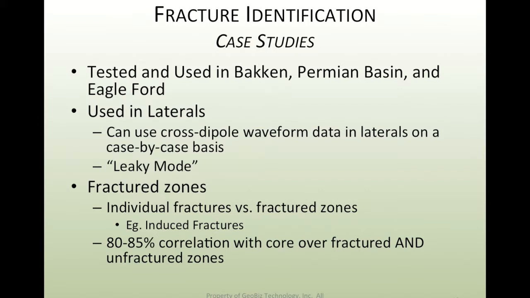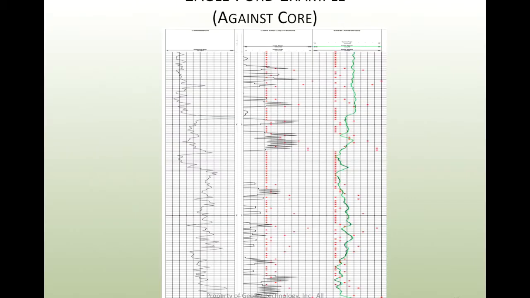And they're usually where natural fractures become apparent, in these fractured zones. We found in these blind tests about an 80 to 85% correlation with core over fractured and unfractured zones.